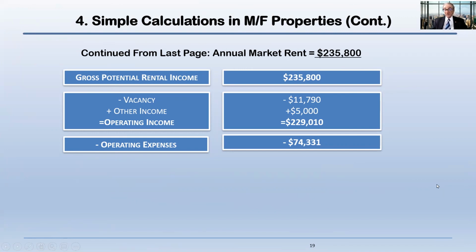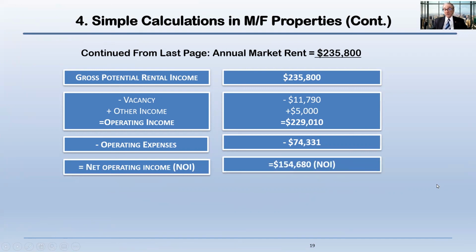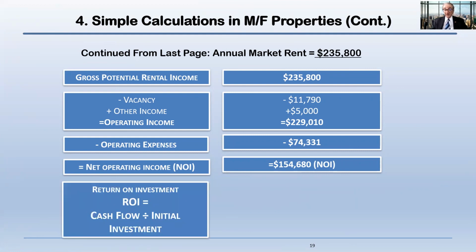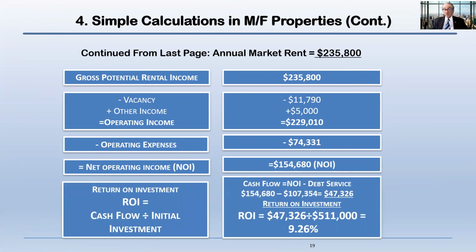So we use the 74,000 for operating expenses. That gave us the very important number, which is the NOI. So the net operating income in that particular example was 154,680.